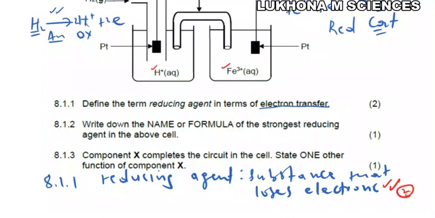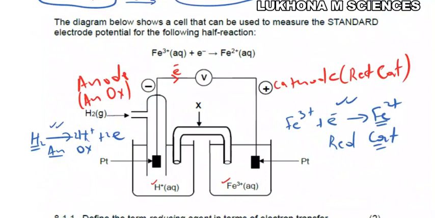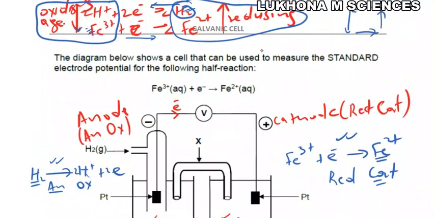Okay. Now the following question, 8.1.2, says write down the name or formula of the strongest reducing agent. Let's go up. This side is written reducing agent, which means the one on top is strongest. Therefore, hydrogen is the strongest reducing agent.